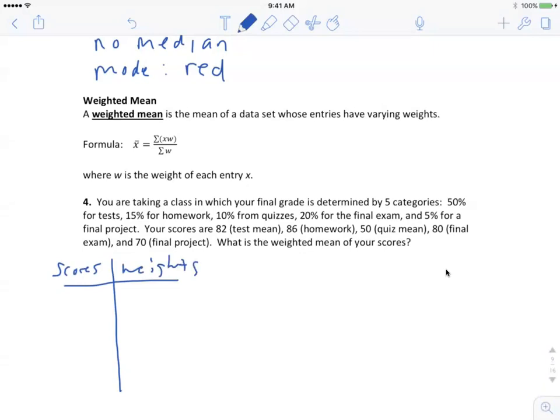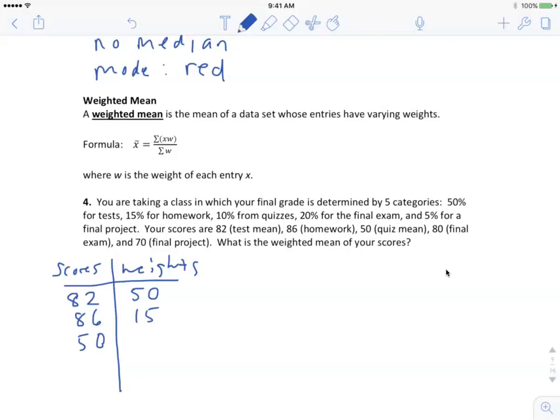Okay, and let's see, for tests, what did you get? Your test mean was 82, and that's weighted 50%. For homework, your score was 86, and homework is weighted 15%. For quizzes, we didn't do so well, got a 50.